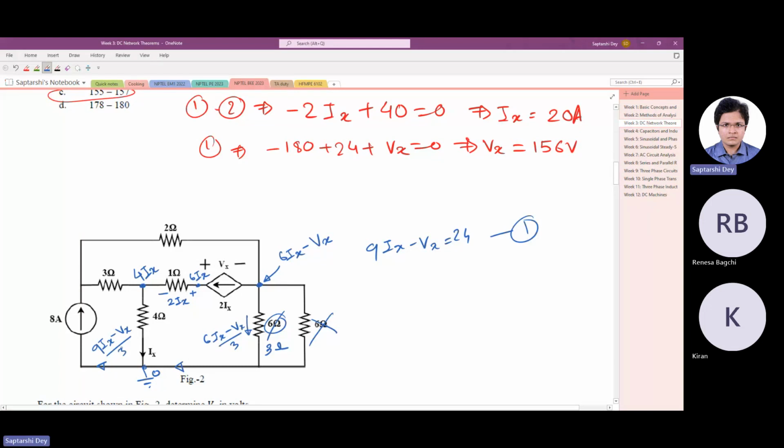And what else? This voltage we do not know, do we? 2Ix, Ix.